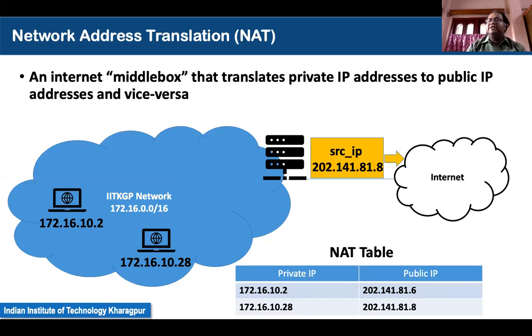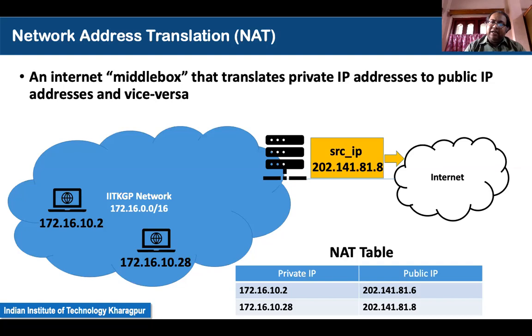And this assignment is dynamic. Whenever an active user becomes inactive, the corresponding entry from the NAT table gets erased. Every entry in the NAT table is assigned a timestamp. If the NAT doesn't observe any activity within that time period, it deletes the corresponding entry from the NAT table. That way, these public IPs are dynamically assigned to different users whenever they become active.